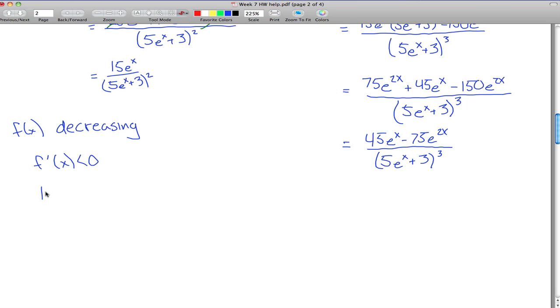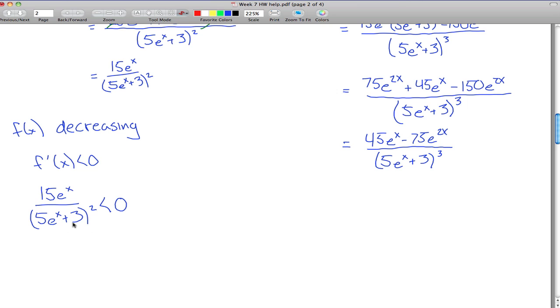So what we want to do is say, okay, 15e to the x divided by (5e to the x plus 3) squared is less than 0, and solve for what x's will make this thing here true. You might be able to look at it right now and tell the answer, but in case you can't, I'll go a little bit further.